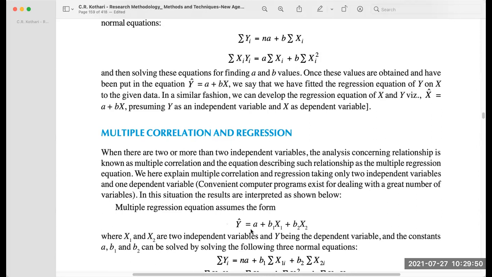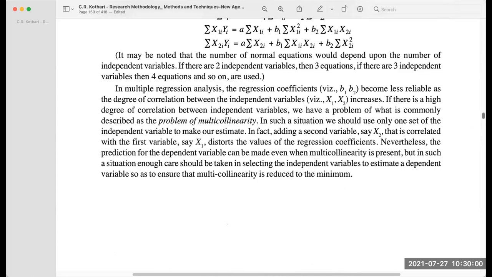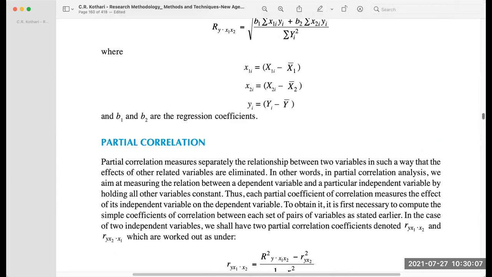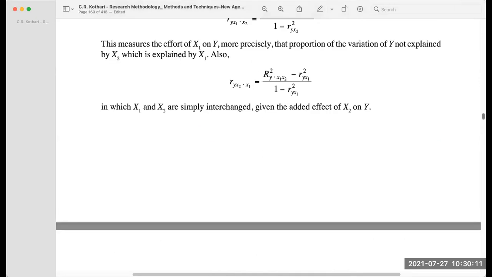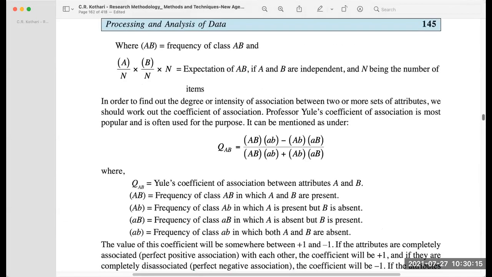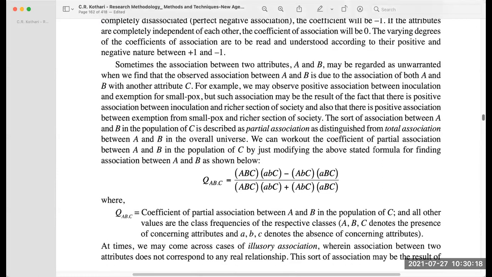What can be the relationship? For that, we can go for the multiple correlation or regression analysis, right? In the same procedure, we are going to find out all the coefficients. In the same way, you can go for the partial correlation, and like that. So that depends from case to case.